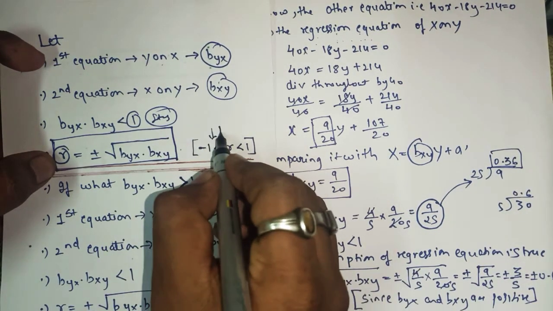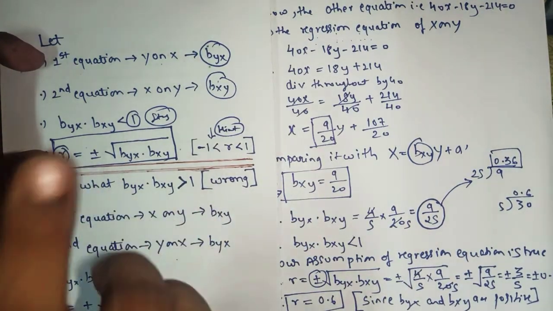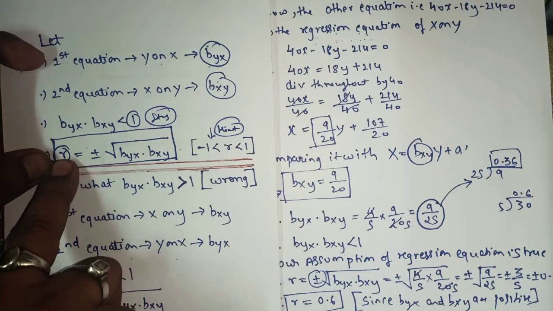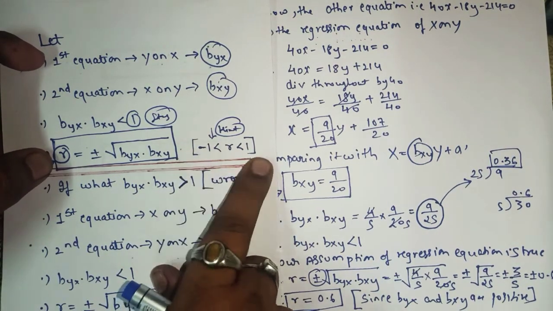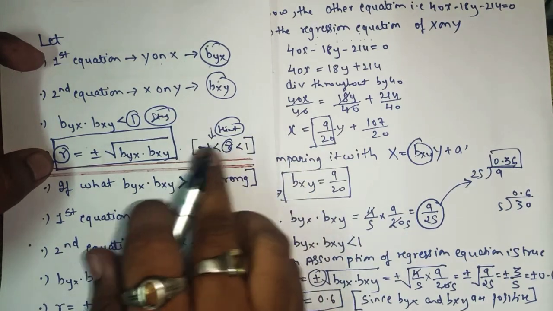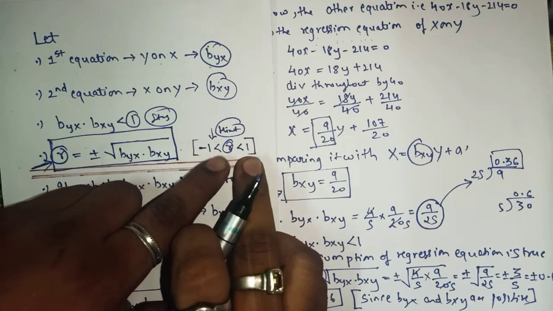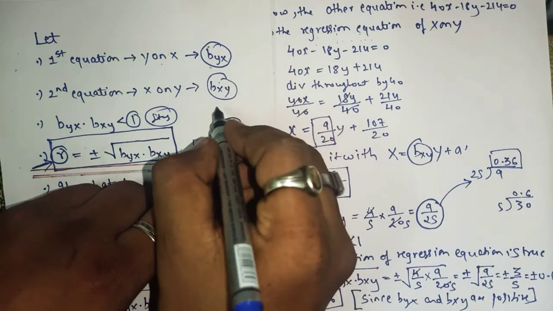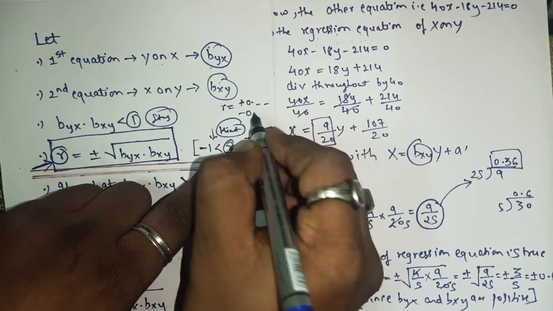And remember this hint, I can say it is a trick also. For each and every sum, whenever you see the answer, the value of r will lie between minus 1 and 1. In simple language, the value of r will be either plus 0 point something or minus 0 point something.